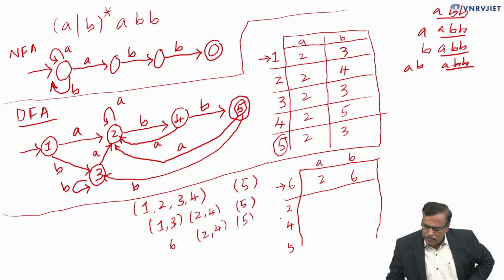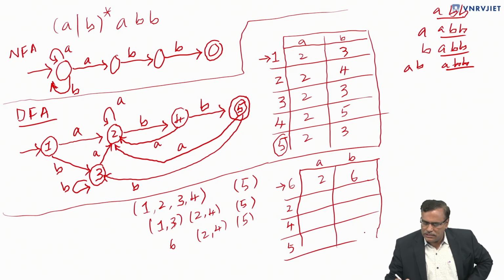So 2 on A, just take this table. Wherever this 1 or 3 is there, in place of that you take 6, the rest are the same. So in all these places you have 2 itself, therefore I have taken that to 2 itself. And 2 on B, here you have a 4, so that is okay as it is.